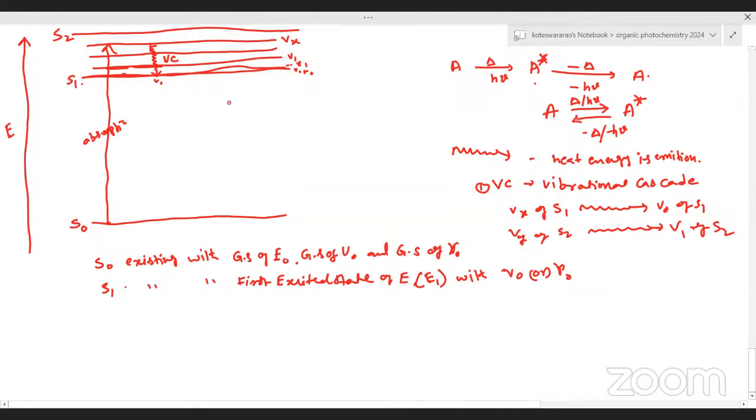Suppose it is directly deactivated to the S0 level, with a wavy arrow. This is called internal conversion. IC is internal conversion.